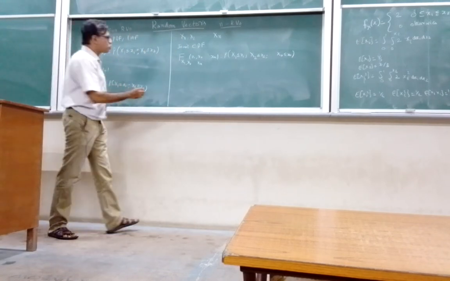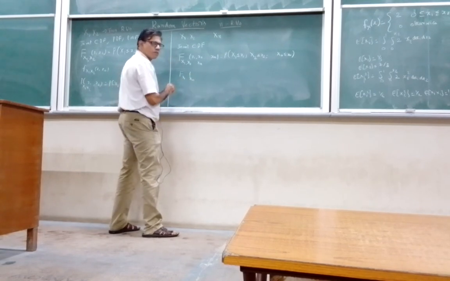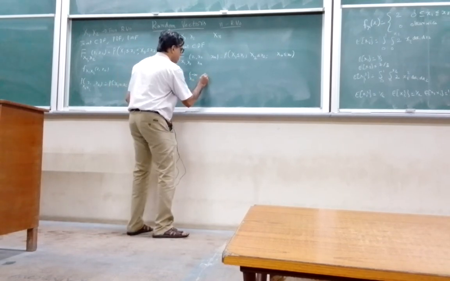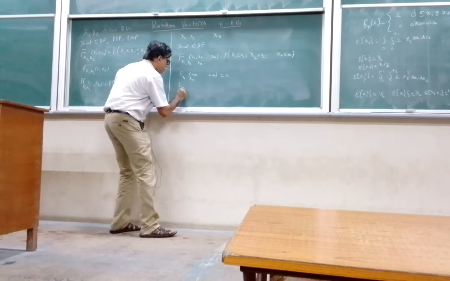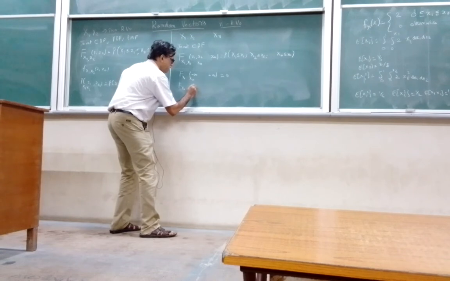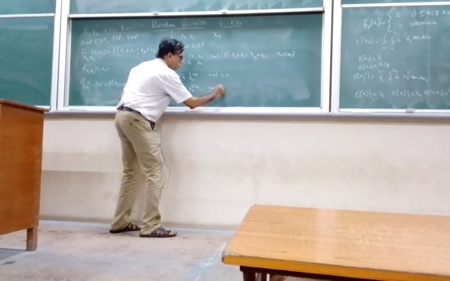And it will have the usual property that F of X1 to Xn evaluated at minus infinity should be equal to 0, and F of X1 to Xn evaluated at plus infinity should be equal to 1.